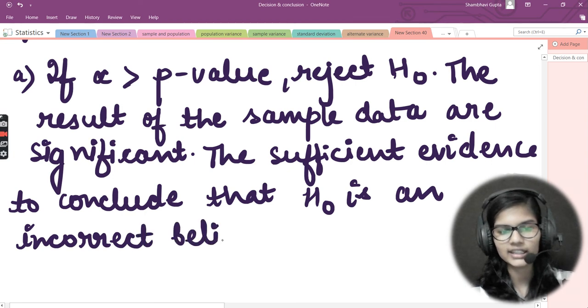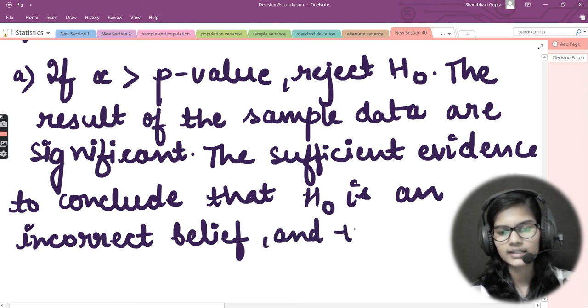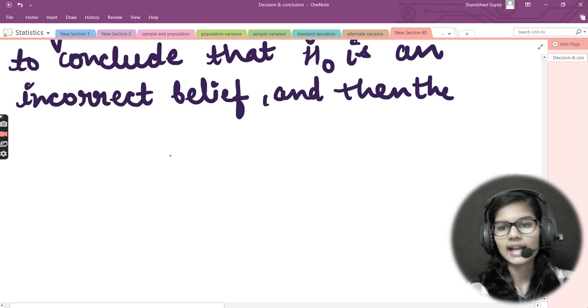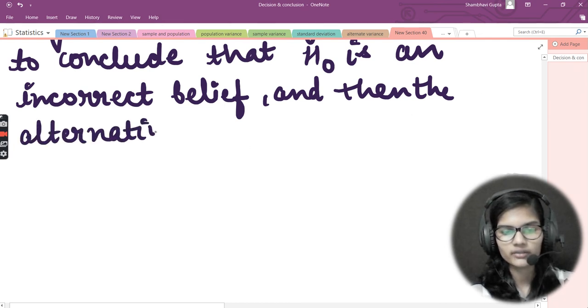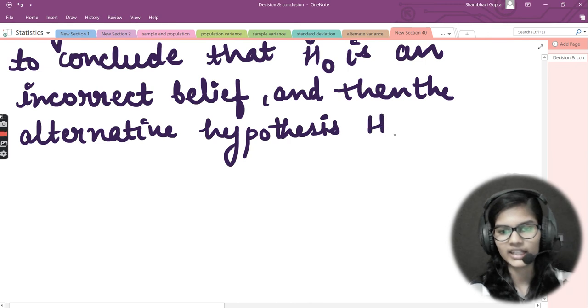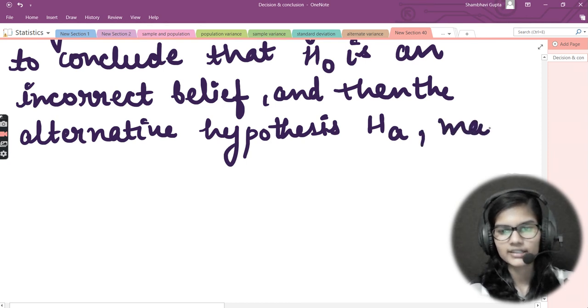So basically we have the null hypothesis, and secondly we have the alternative hypothesis as well, that is HA, H and A. And then the alternative hypothesis HA may be correct.